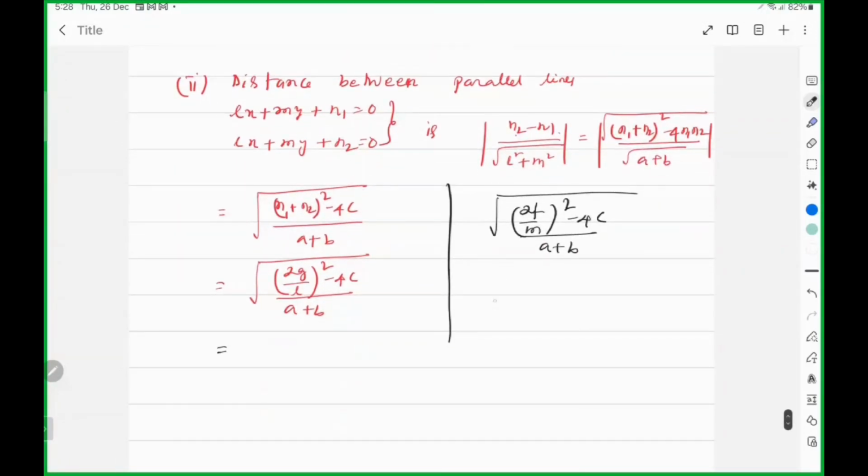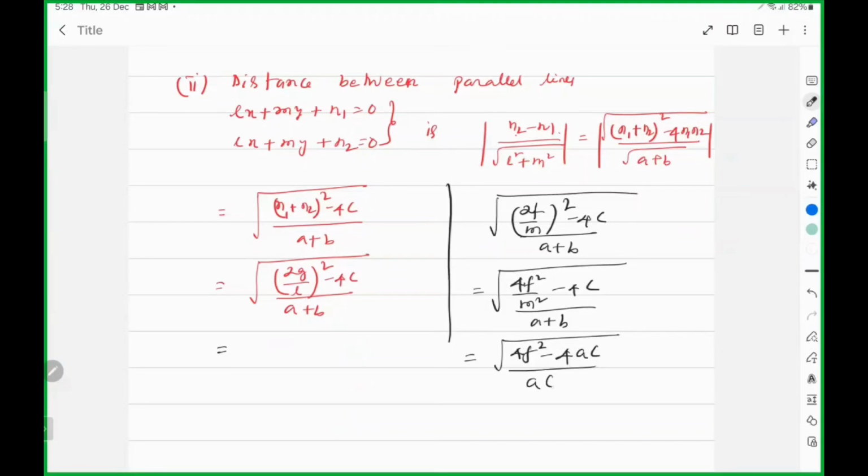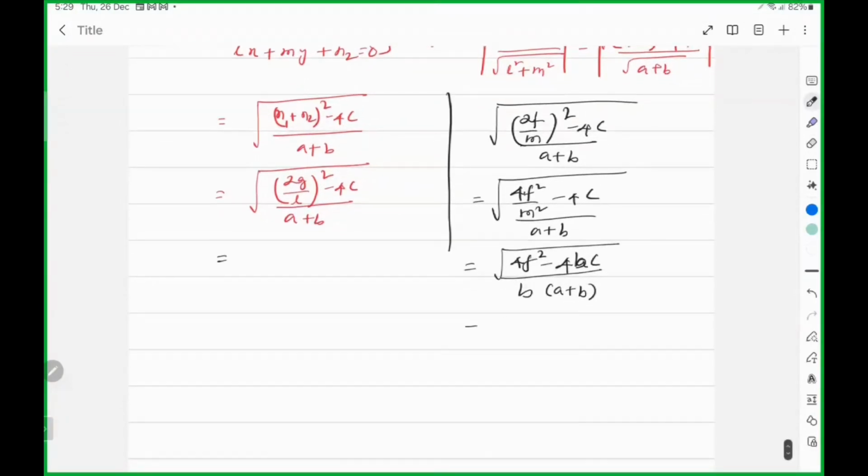Or here it is 4f square by m square minus 4c by a plus b. 4f square, m square is b. So 2 root f square minus bc by b into a plus b.